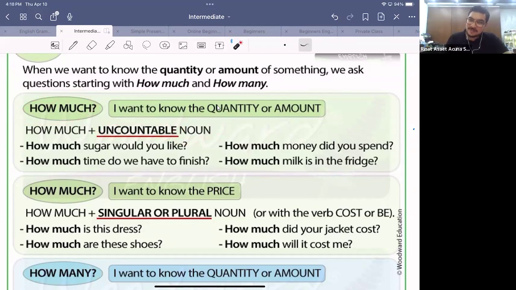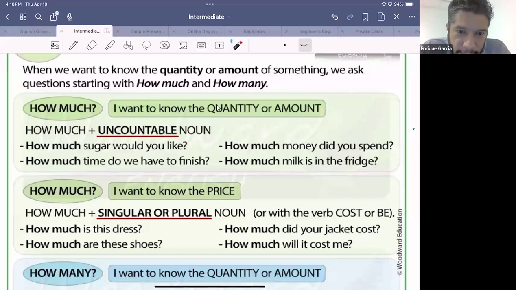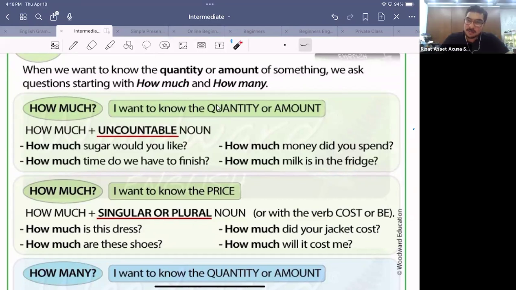In this question down here, sugar, salt. We have sugar, for example, in the examples. Sugar, time, money, and milk. Exactly. So these are called uncountable nouns.